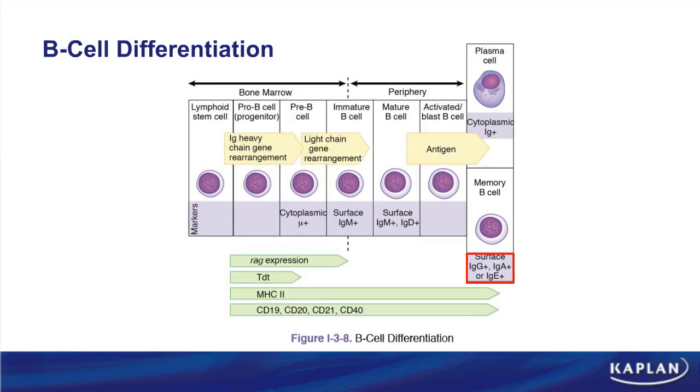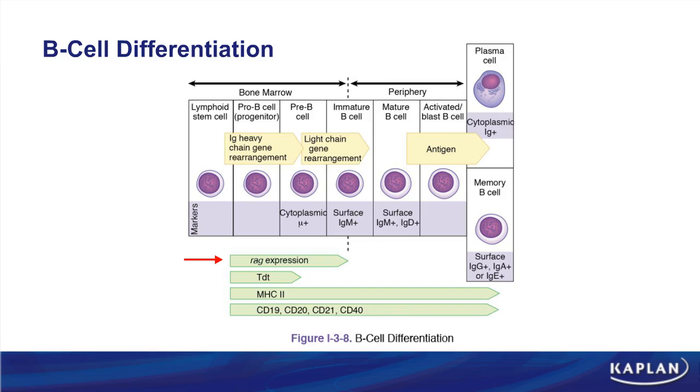Now, the last part of this slide that I want you to recognize is the expression of the various enzymes associated with gene rearrangement, as well as some of the surface markers. This should be sort of intuitive. If I am undergoing gene rearrangement, one would expect that I would have RAG expression, and that the expression of my RAG1 and RAG2 would continue until light chain gene rearrangement is complete.